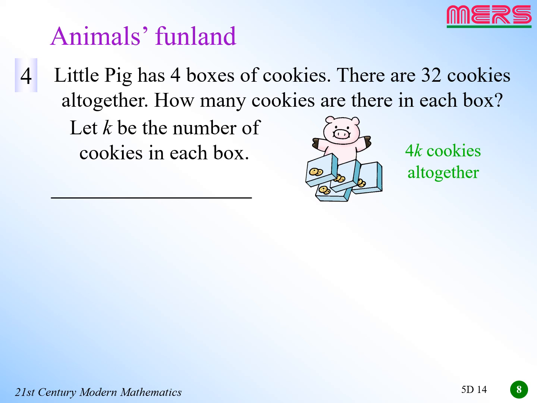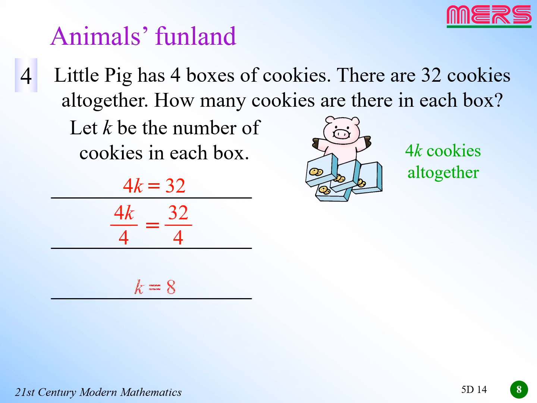And we have 4 boxes. So 4K, that means 4 times K, equals 32. So we divide by 4 on both sides to solve the equation. So K equals 8. And therefore, there are 8 cookies in each box.